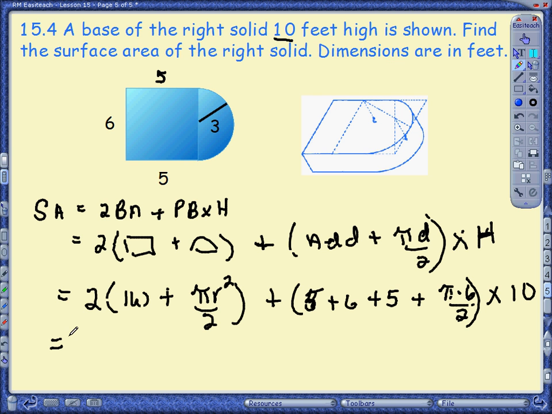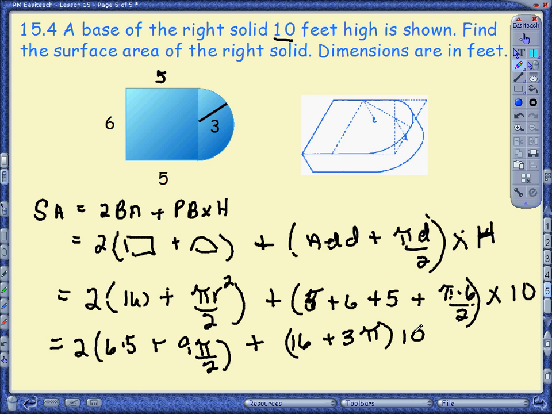Okay, well here, this part's easy. 2 times 6 times 5 plus r squared is going to be 9, so we're going to have 9 pi over 2 plus 16 plus 3 pi in here, and we have to multiply those two things by 10.